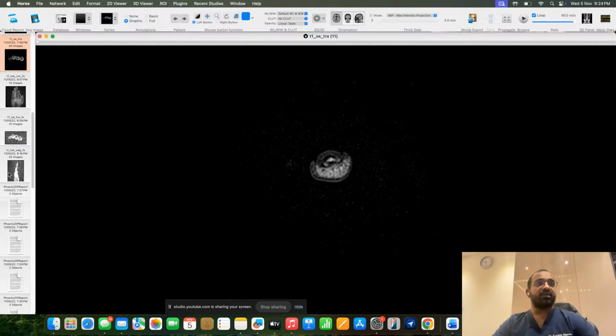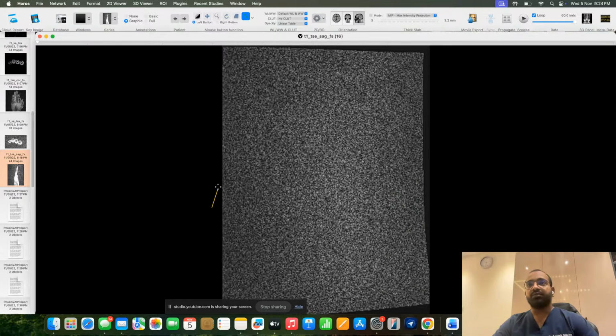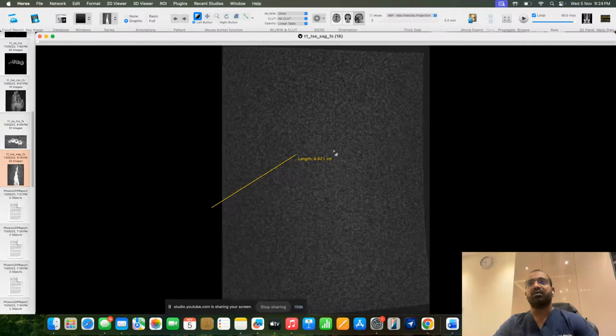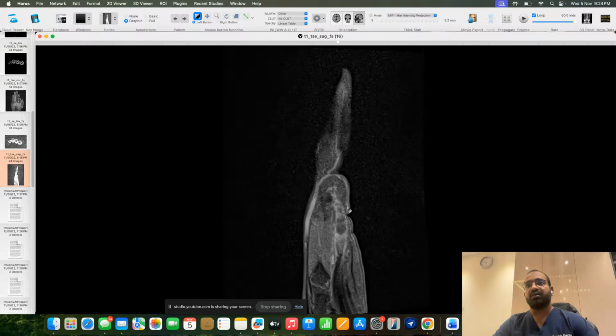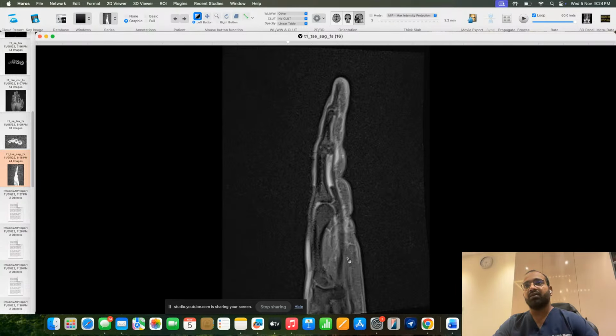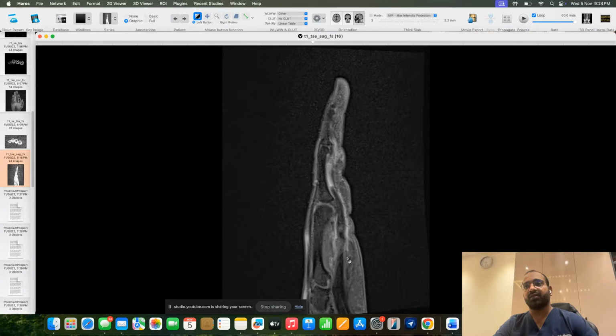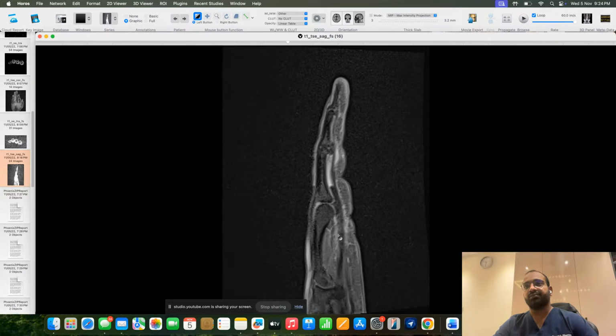So T1 images. Yeah, this is the T1 fat sat. You can see this retracted tendon is wavy, and also showing fluid along its tendon sheath.